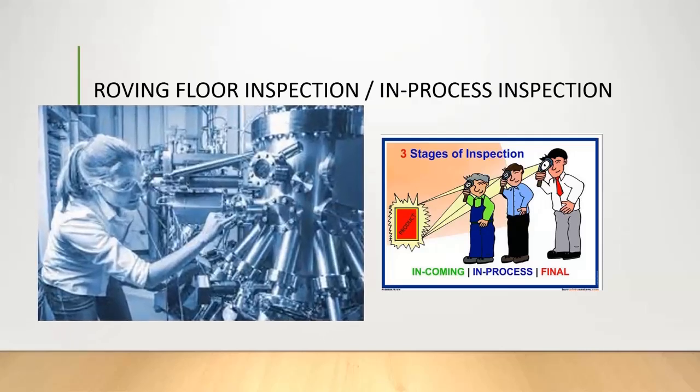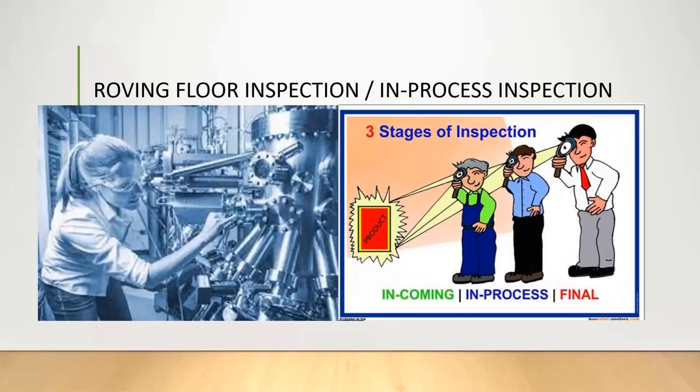Roving floor inspection is nothing but an inspector will roam in the floor, and then he or she will inspect different machines, different processes or production, or anything coming under inspection. That's why it is not a fixed type of inspection, roving. So in process inspection, any kind of production process is running, inspection will be there, whether it is correct or not.